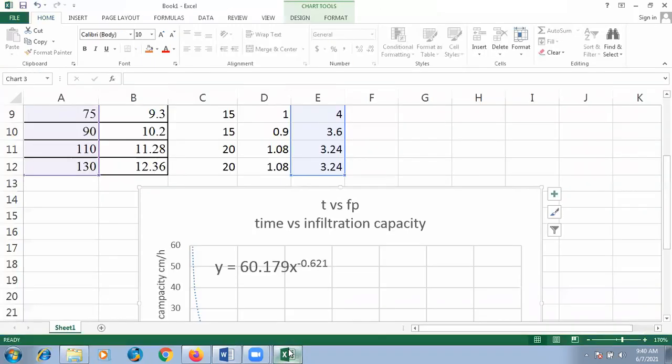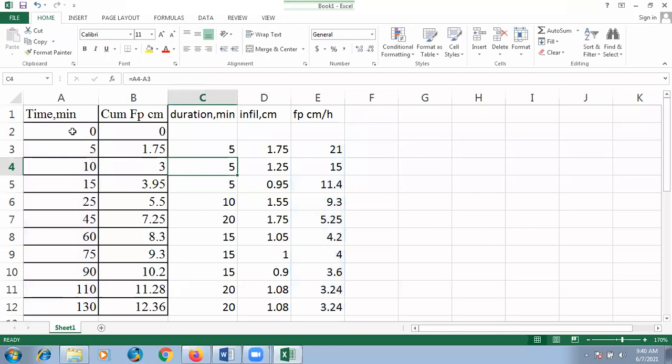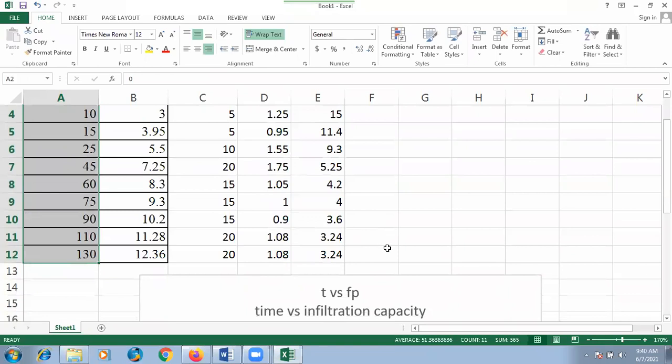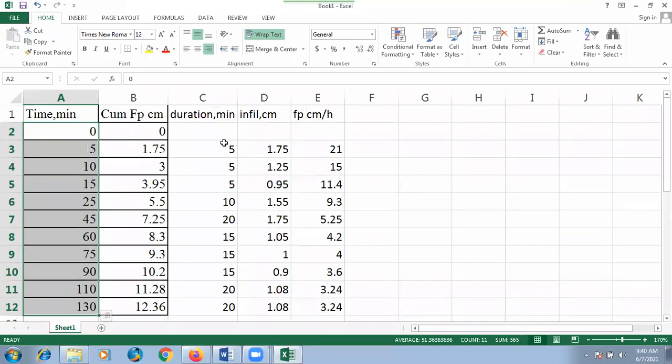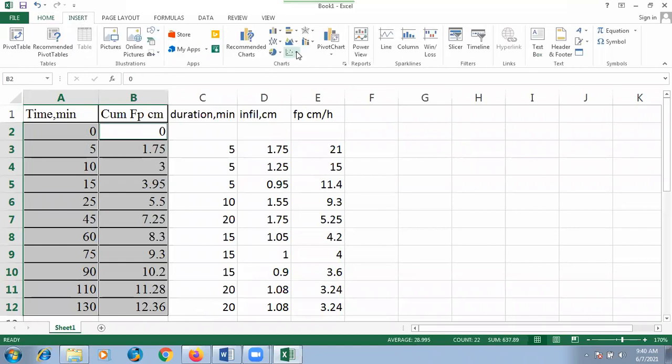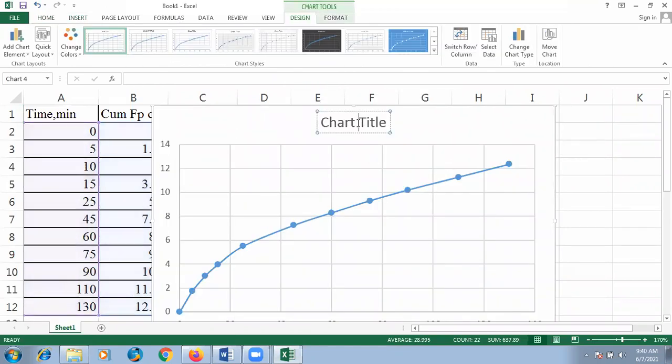Then what you need to do, you have to take this time, then this FP, and you have to plot this graph. Look here. So this represents time versus uppercase FP.